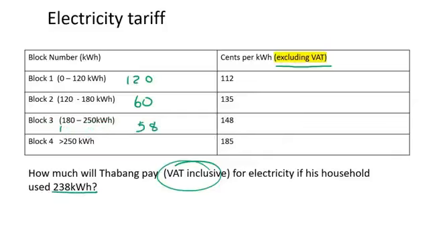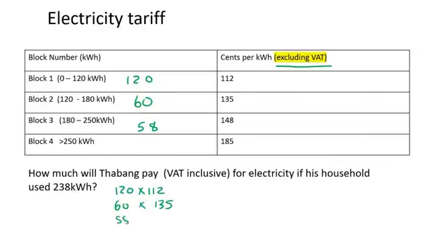Okay, so we're only going to use 58 in this category, so that if you add these numbers together, it gives you this part over here. And so now we just do the same thing. So it's 120 multiplied by 112, 60 multiplied by 135, and then 58 multiplied by 148.